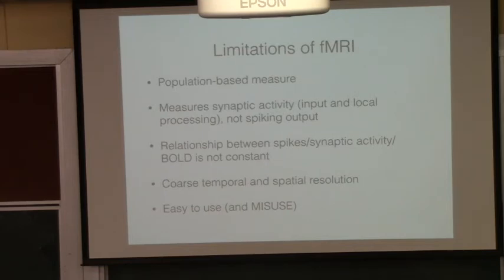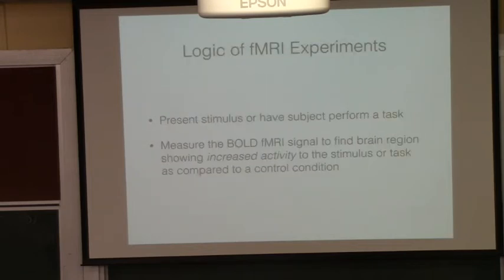So it's very important to understand the limitations of fMRI to know what you can and cannot reasonably say about what's happening. Okay? We're going to go over some of those limitations in a second. Does anybody have any questions about MRI experiments or basic physics stuff?